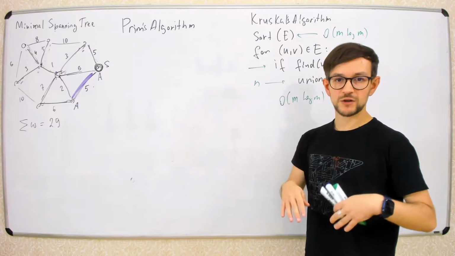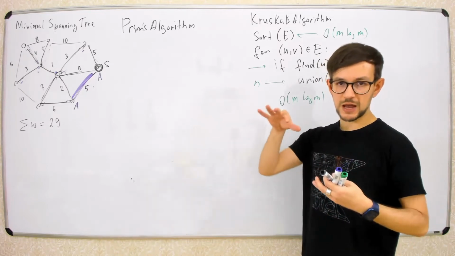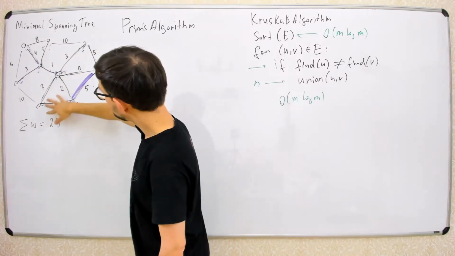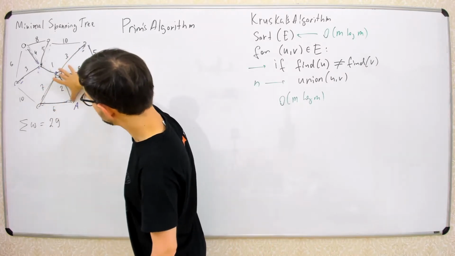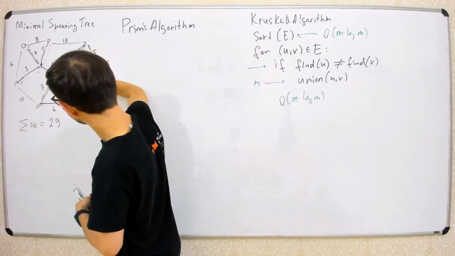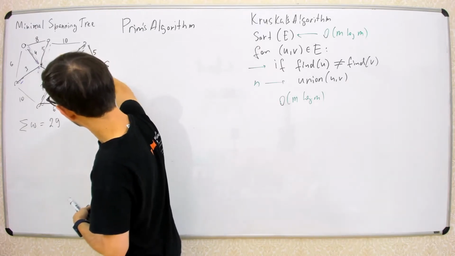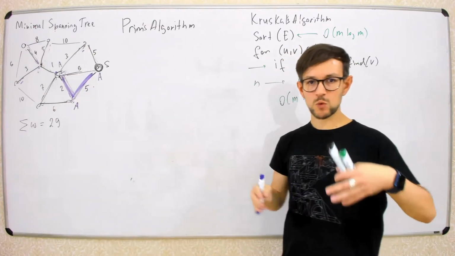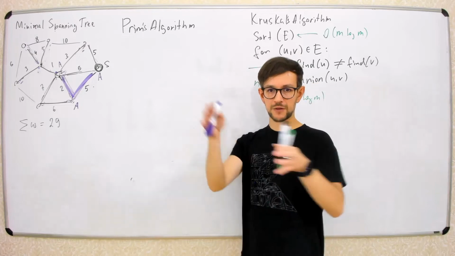Now again, let's try to find the minimal edge between A and everything else. Between this set and everything else, this is the minimal edge. So we take this edge, add it to the result. Now put this node in set A. And so on. Each time we have some current set A and everything else.